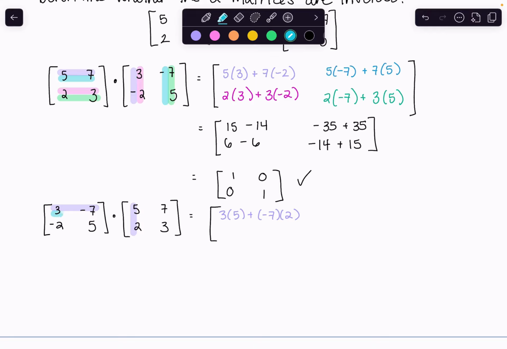Then we use first row, second column. So going down that line, 3 times 7 plus 7 times -3. Moving on to our second row, first column, -2 times 5 plus 5 times 2.